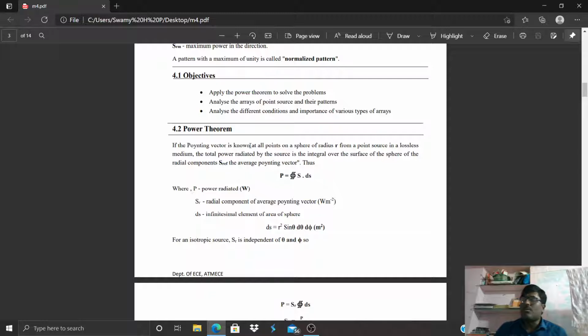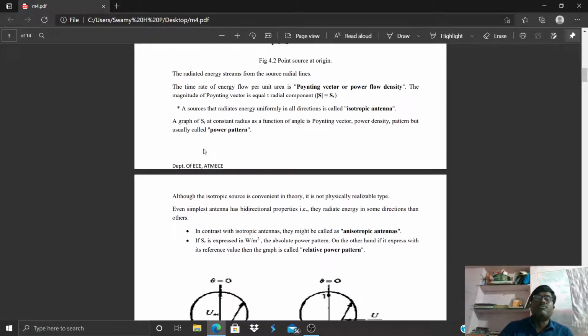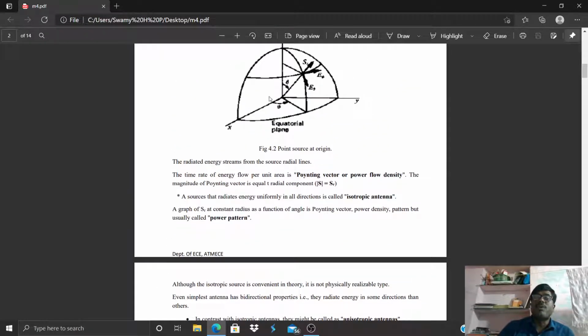If it is known for all the points on a sphere of radius r from a point source in a lossless medium, consider one point source as in the figure above. It radiates power radially. At this point in space you measure a power and field component. This point is situated at a distance r from the point source.